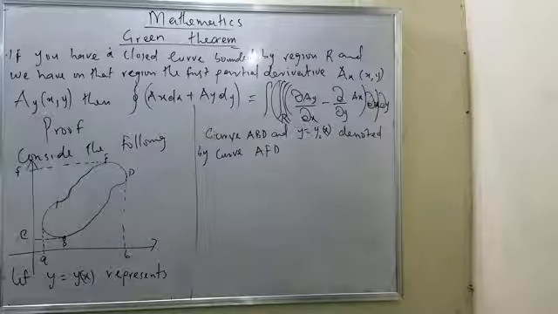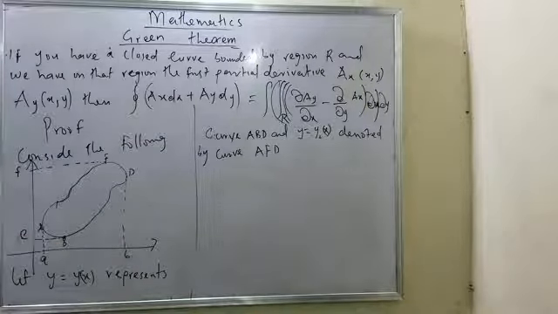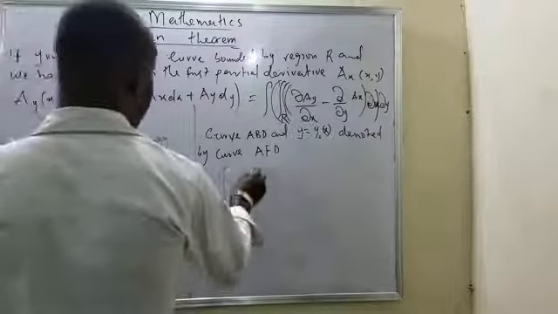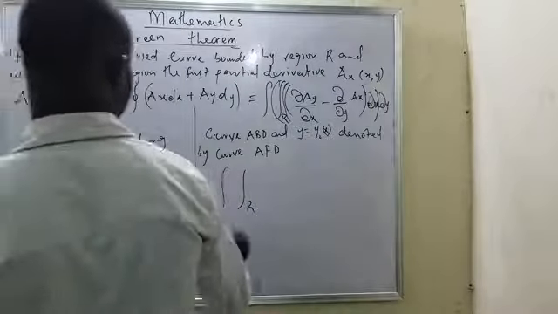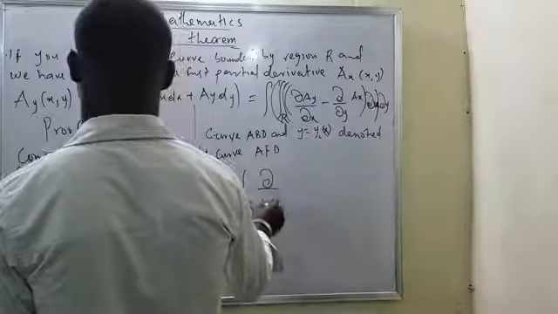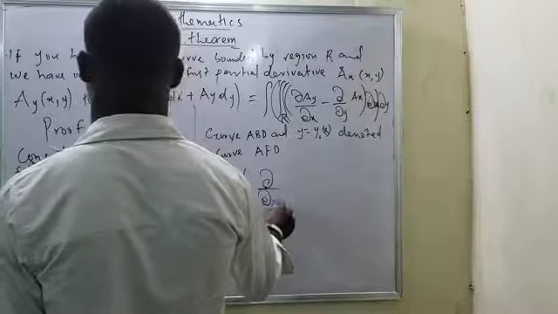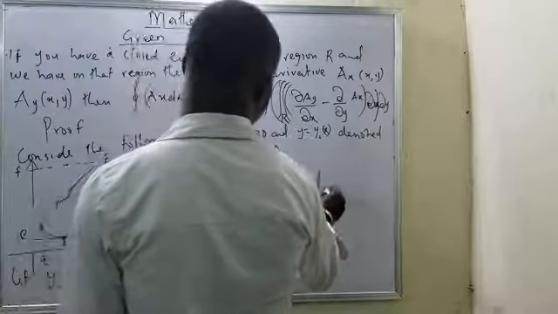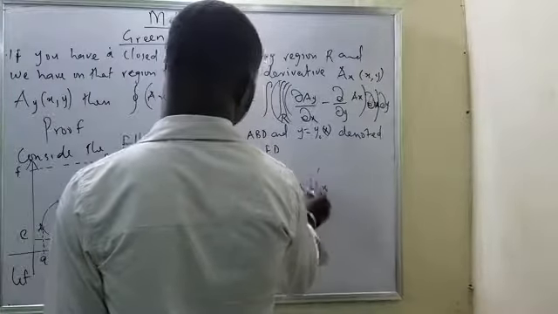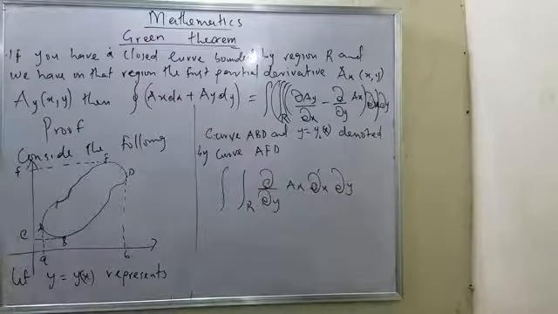And here will be A. It means I'm talking about the integral over the region R of the partial derivative of this with respect to x, and dx dy. Please take note of that.